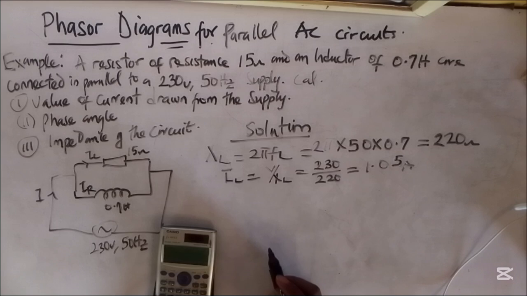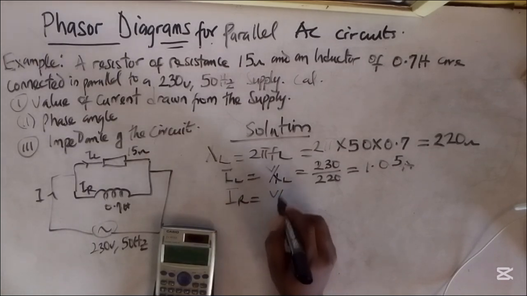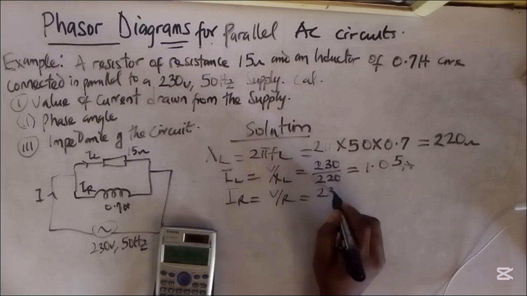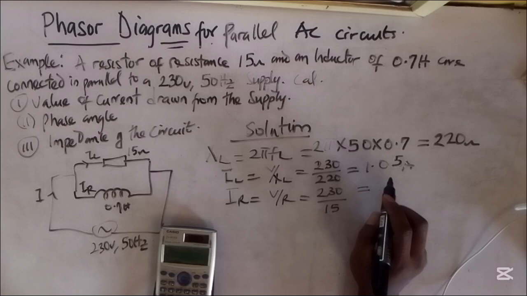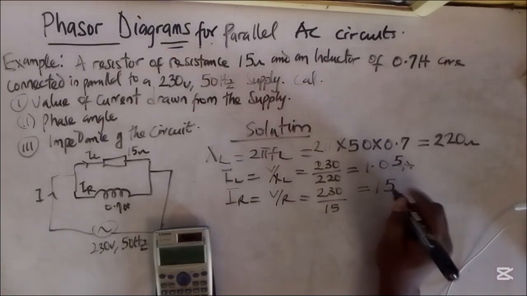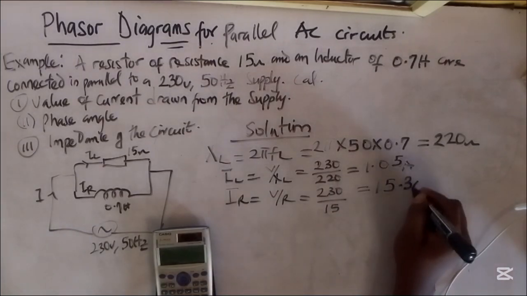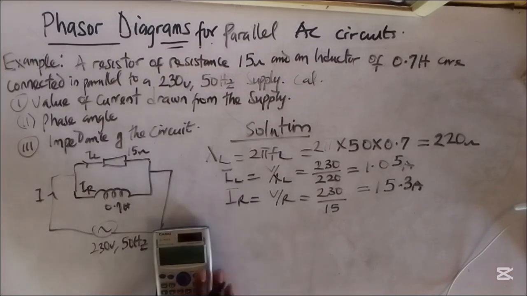Up next we have to calculate the value of our IR, which of course is V over R, is 230 all over 15, and that should give us 15.3 amps.